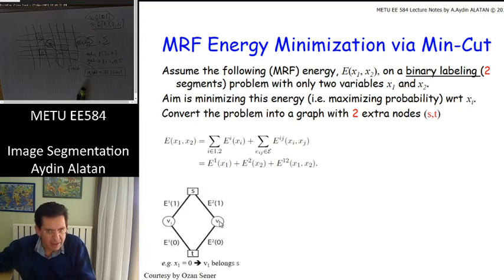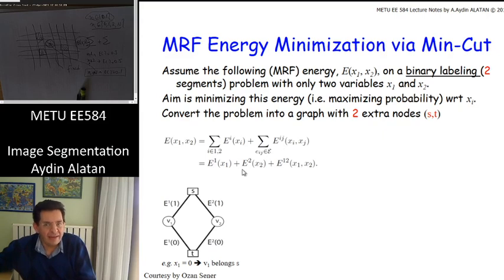Now, how do we do that? These are 2 pixels. I insert 2 nodes, S and T. S is foreground, this is for background. This is for object 1, this is for object 2. Now, what I'm going to do is this. This cost function, this term will be written here as an edge.